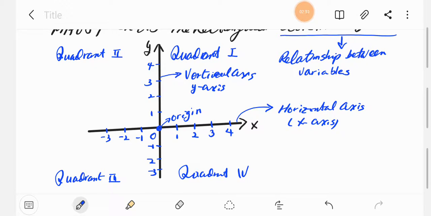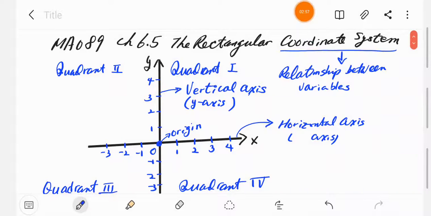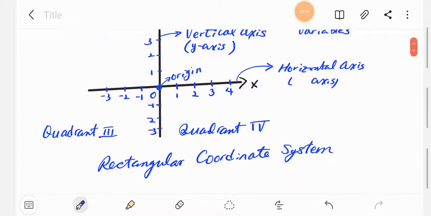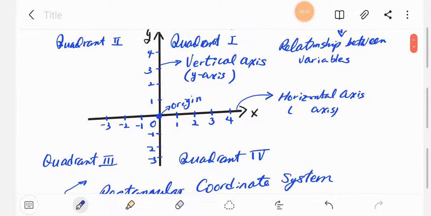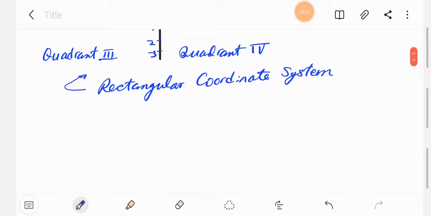Then from this one, let's think about points, coordinates. The rectangular coordinate system is composed of everything in this graph. It contains the horizontal line, which is the x-axis, and the vertical line, which is the y-axis. So you have 4 quadrants, and the two lines cross at the origin 0. Okay, so this is a rectangular coordinate system.